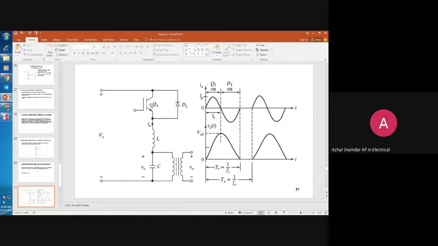This thyristor T1 will then not turn off. To overcome this problem, a reverse conducting thyristor is normally used.